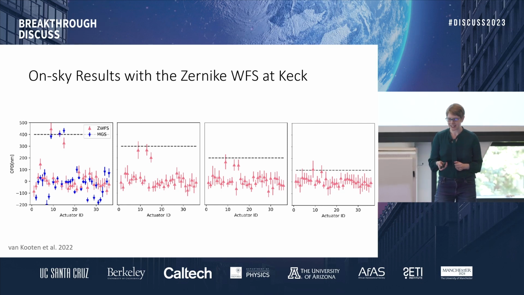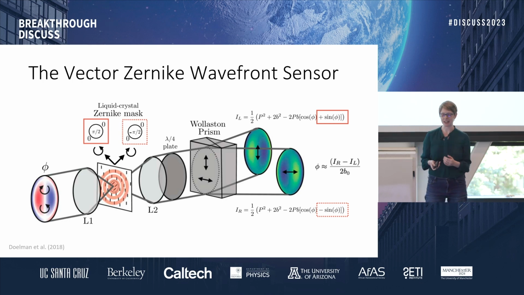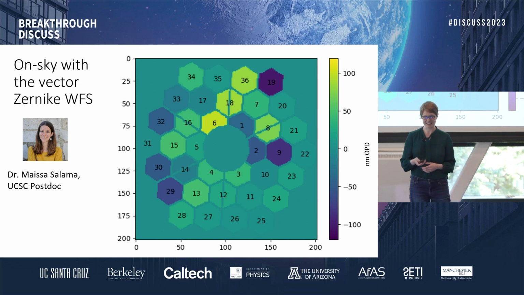Okay, in the interest of time, I also want to say we have an even more exciting version of the Zernike wavefront sensor that allows you to detect even larger offsets to your mirror. That's what we have on sky now, and that's the sensor whose performance, together with my postdoc Maisa Salama, we're now characterizing.